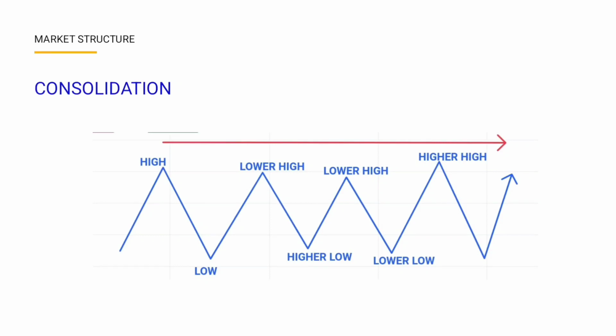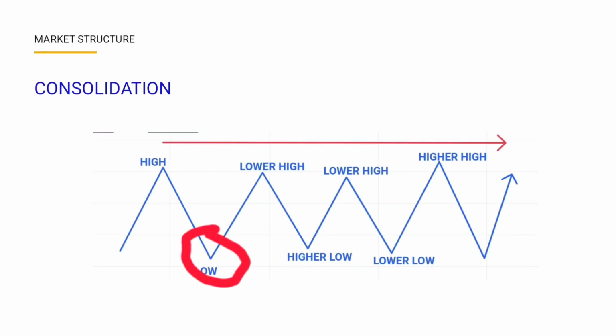Because like we said before, when markets create successive higher highs and higher lows, we would say that that is a bullish trend. If it creates successive lower lows and lower highs, then we would say that is a bearish trend. But if it fails to create successive higher highs or higher lows, it is not trending, it is consolidating.